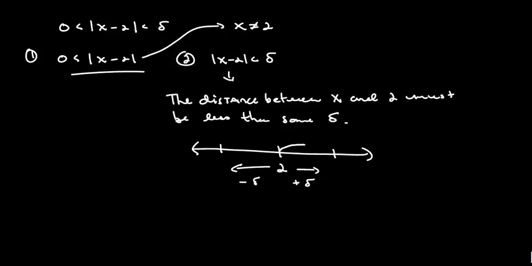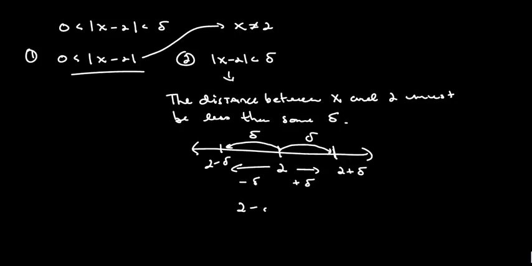The distance out this way is delta. The distance this way is delta. So what is this point on the number line? Well, it's 2 plus whatever delta is. If delta was 3, then it'd be 2 plus 3, or 5. I'll do an example with a number in a second. And then, of course, this point right here is 2 minus delta. So what does that tell me?